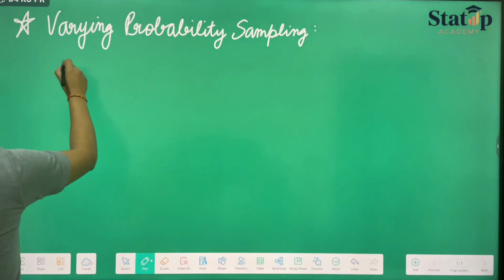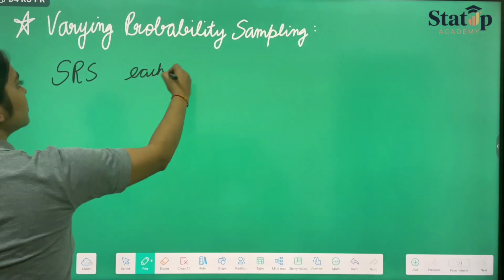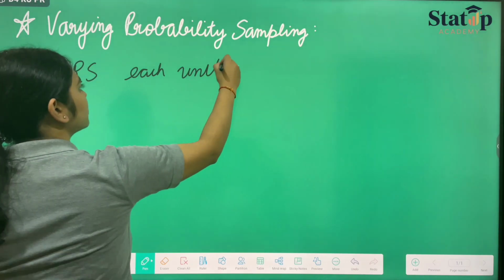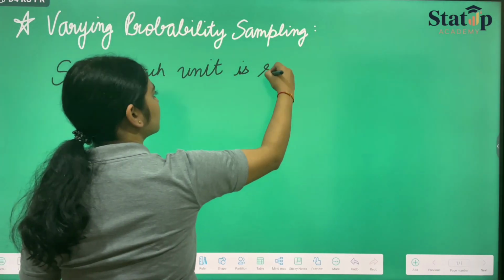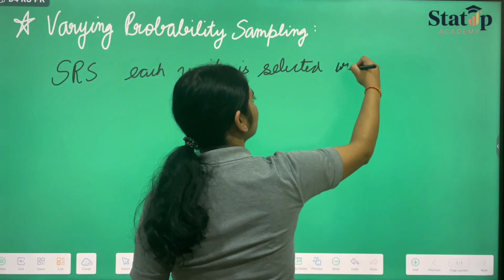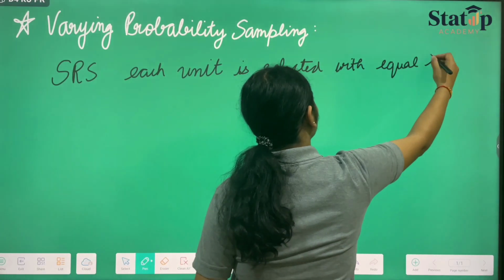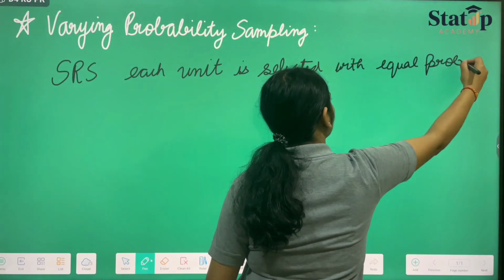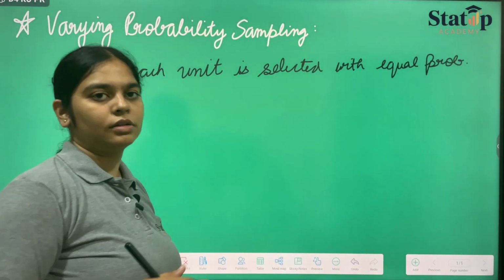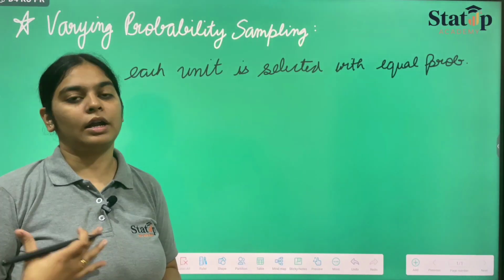In simple random sampling, each unit is selected with equal probability, which was our basic technique, the first sampling technique that we learned about.